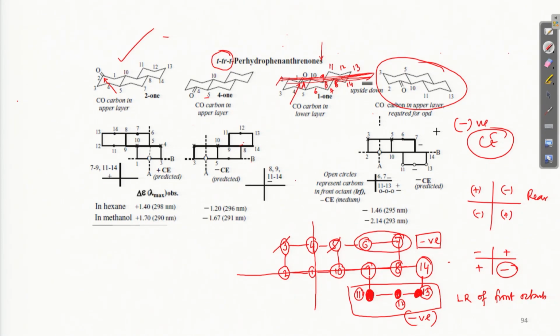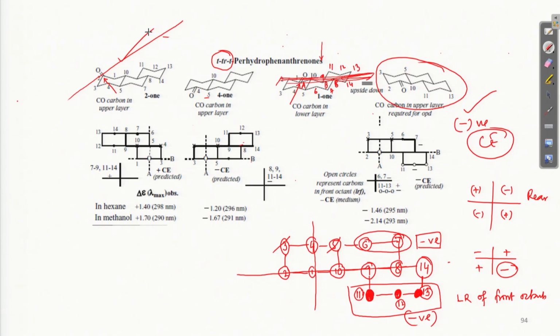So you see that sometimes things are a little difficult, a little tricky, especially when the carbon atoms come into the front octant. But I will always suggest doing this check: when you have the carbonyl, put a line like this and see if anything is coming in front of the line or behind the line. For one molecule, nothing is in the front, so there is no atom in the front octant.